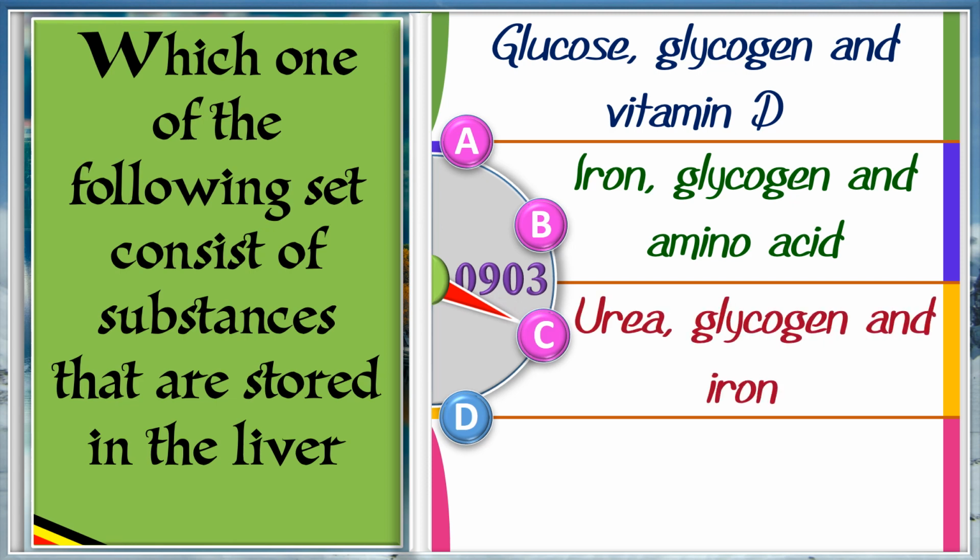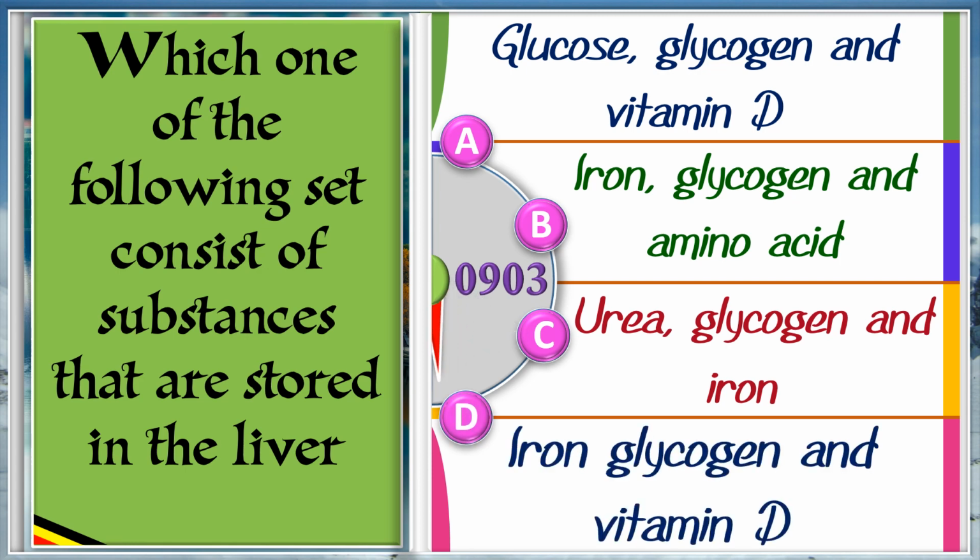C. Urea, glycogen, and iron. D. Iron, glycogen, and vitamin D. And the answer is D. Iron, glycogen, and vitamin D.